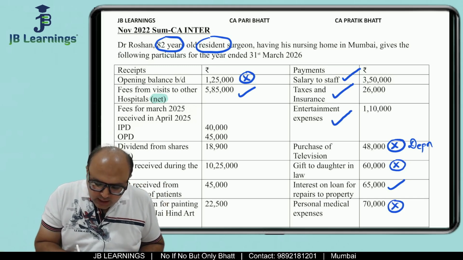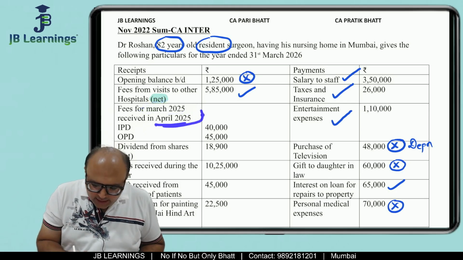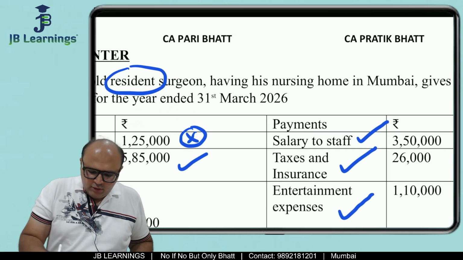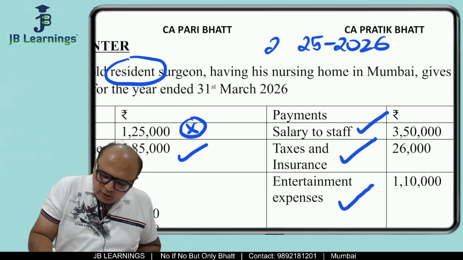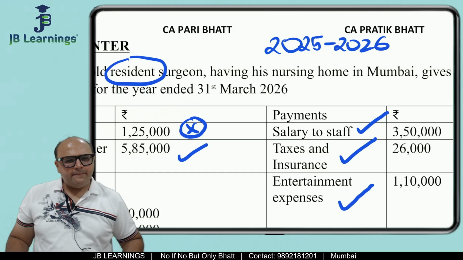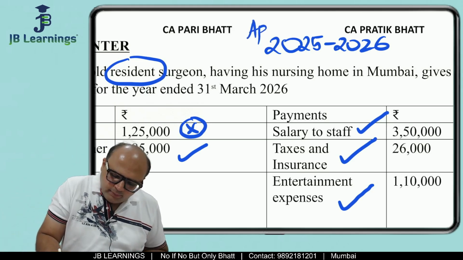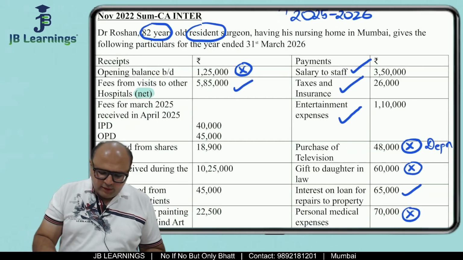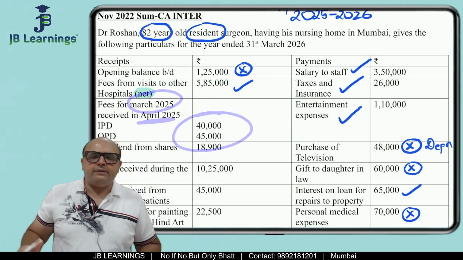Fees of March 25 was received in April 25. Friends, we are solving the sum for the year 2025-2026, correct? So for us, the year starts in April 2025. They are saying fees of March 25 was received in April 25.